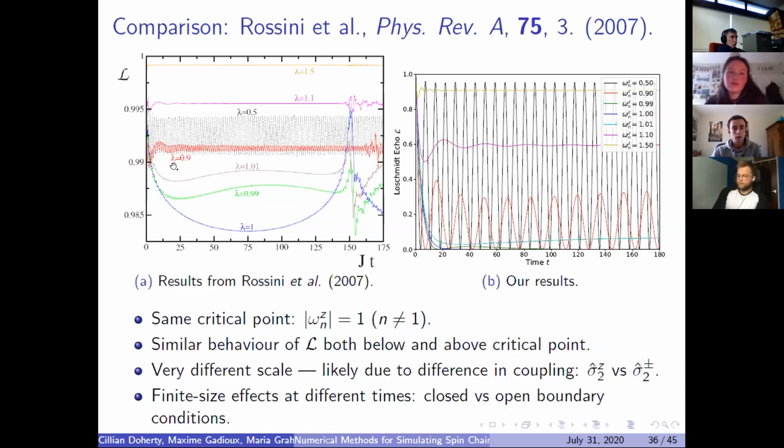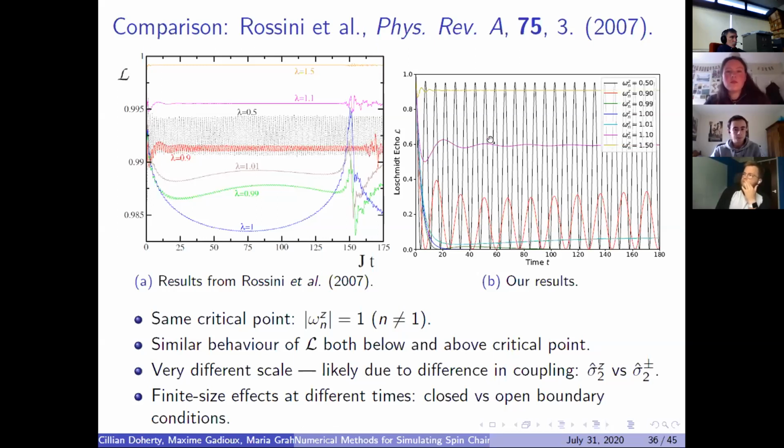So lambda here is our omega nz, where n is not equal to 1. For when lambda is less than 1, they have oscillatory behavior, which is also shown here. But when lambda is greater than 1, then this behavior tends to flatten out. So it's kind of like an underdamped oscillator.